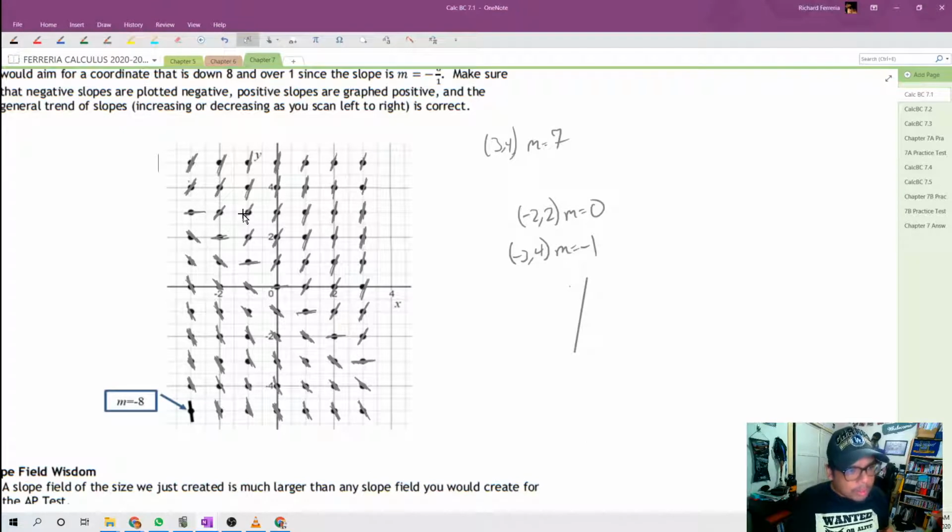So I've got mine finished now. And what's interesting here is you see this wonderful swirling pattern going on with this differential equation. I hope you can see it.